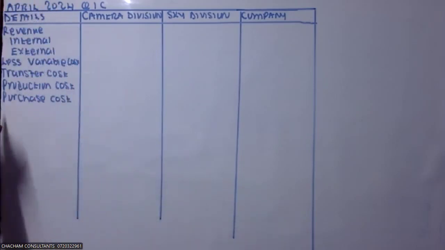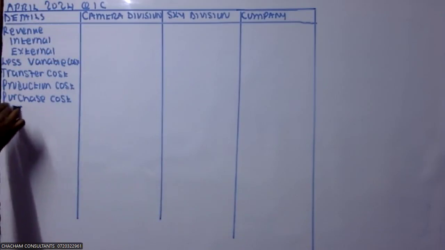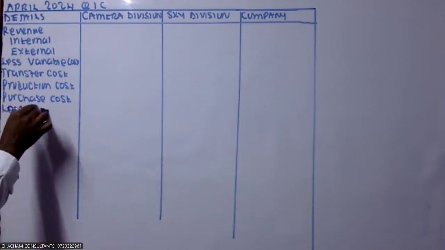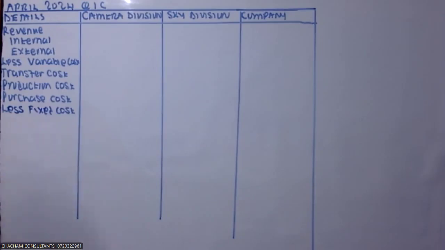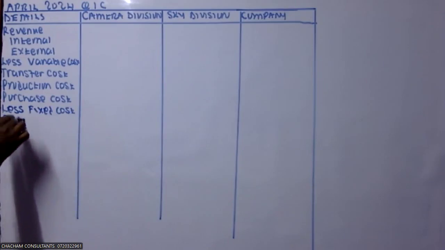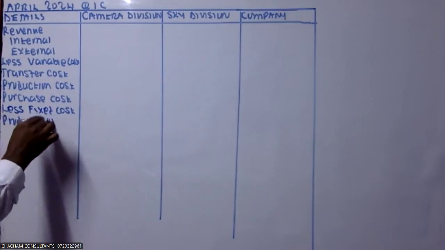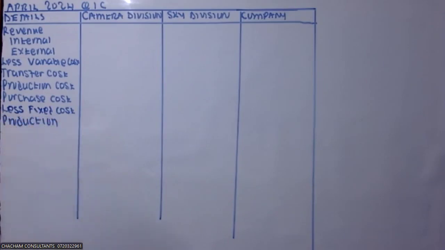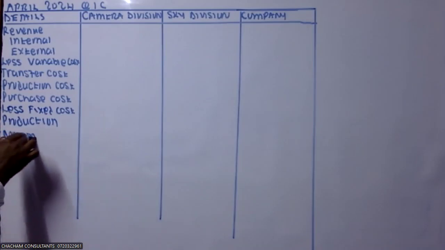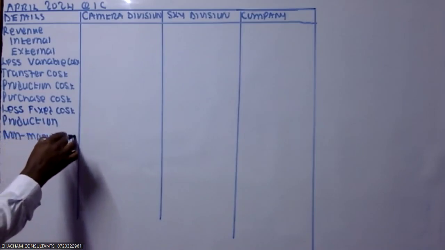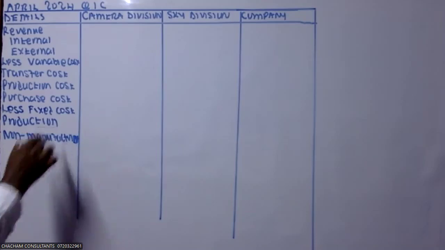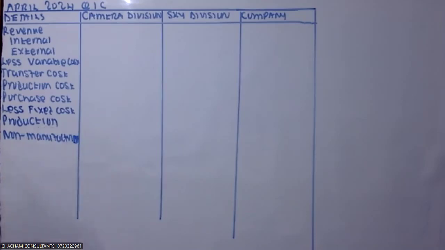Then we less fixed costs. Now the fixed cost, we have two types. We have production, and there is what they are calling non-manufacturing or non-production.